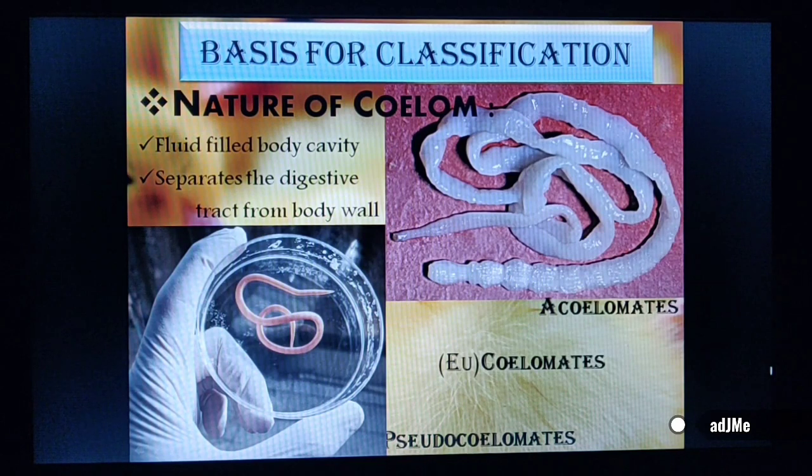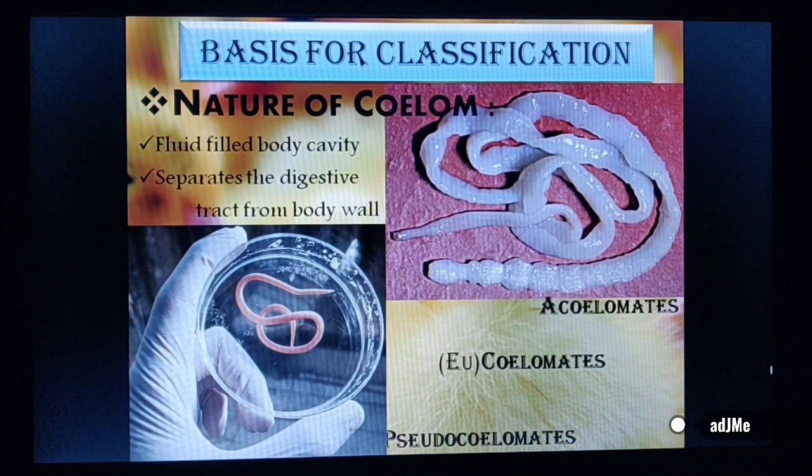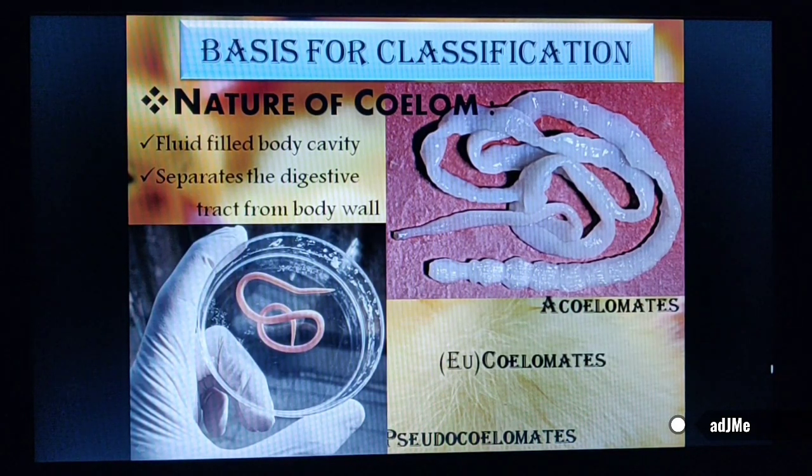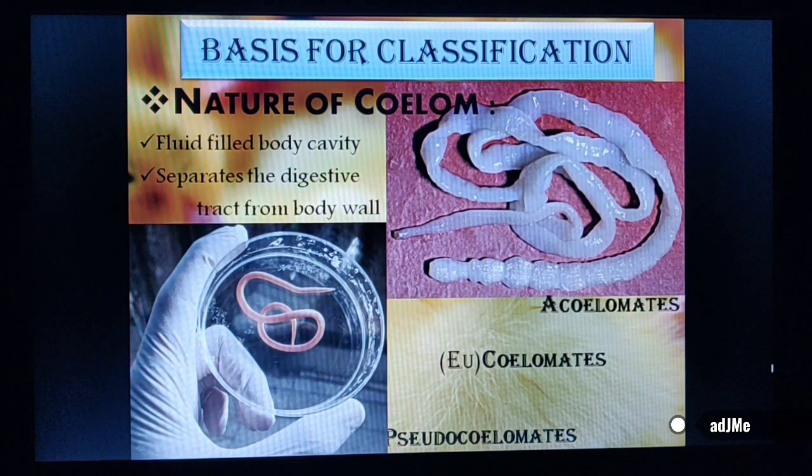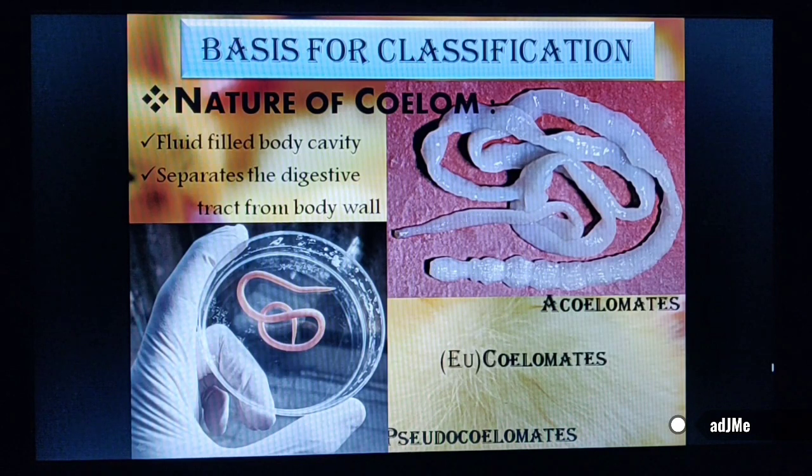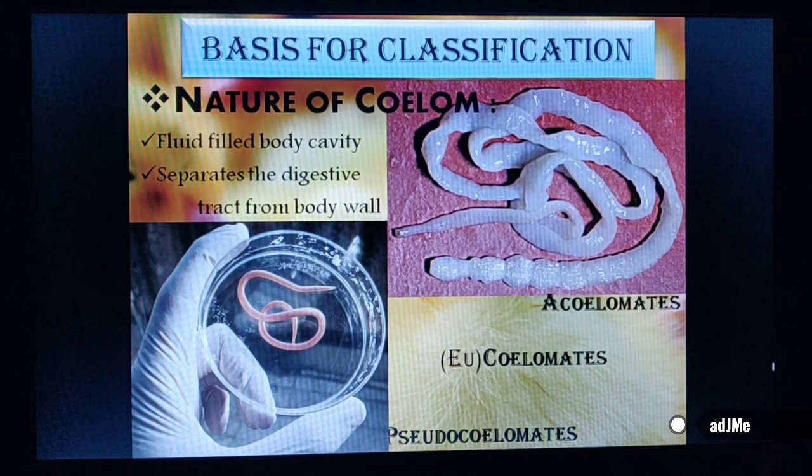Eukaryote, that is animals which have a true nucleus, are called eukaryotes. Like that, eucoelomates are animals which have a true coelom or true fluid filled body cavity. So these are the three types of animals based on the coelom: acoelomate, pseudocoelomate and eucoelomate.